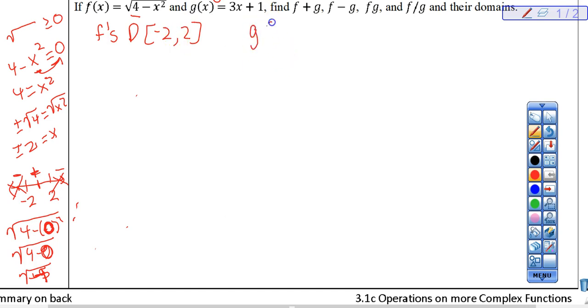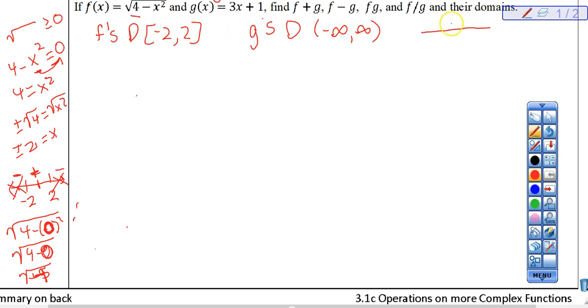Let's look at G's domain real quick. Should go by quickly. G is what kind of graph? Linear. Does it have a restriction? Totally unrestricted. But if I was adding and subtracting them, multiplying and dividing them on a graph, where would be the only place that I could add, subtract, multiply, or divide? -2 to 2. That's it.